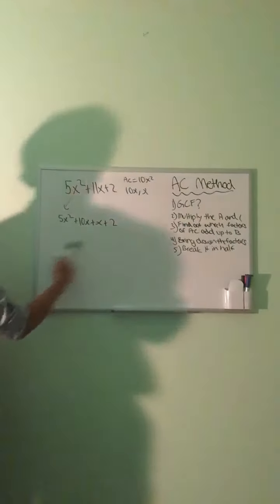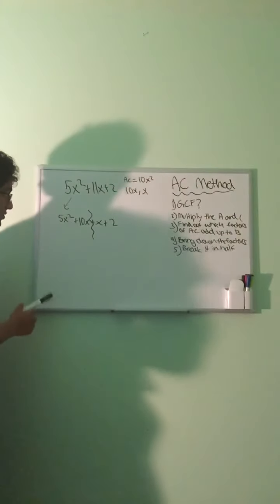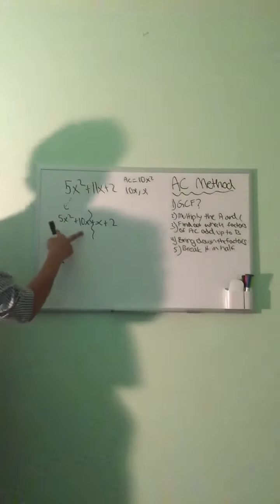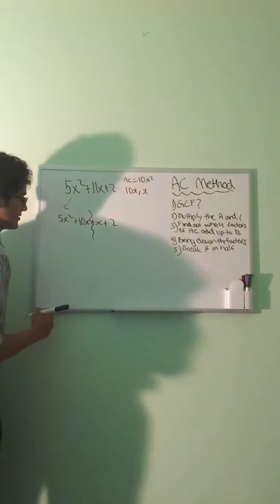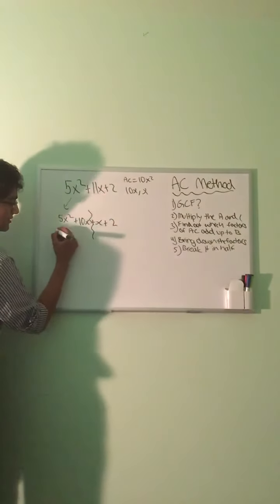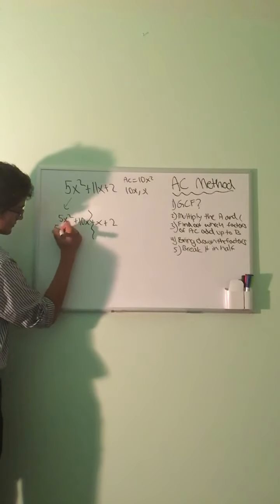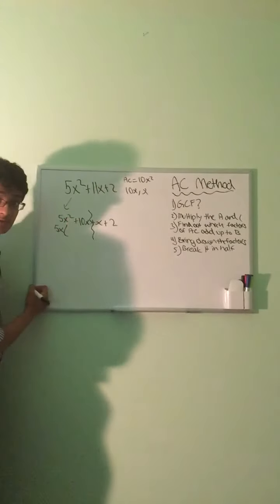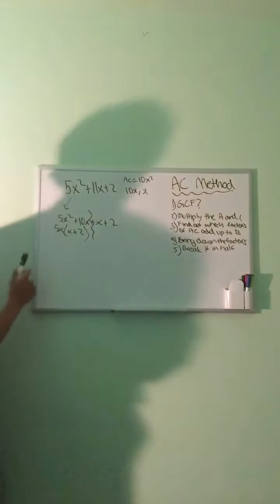Now you break this in half, and you take out the GCF from both sides. Now the GCF of 5x squared plus 10x would obviously be 5x. So take out 5x, that leaves you with x plus 2. And you do the same thing over here.